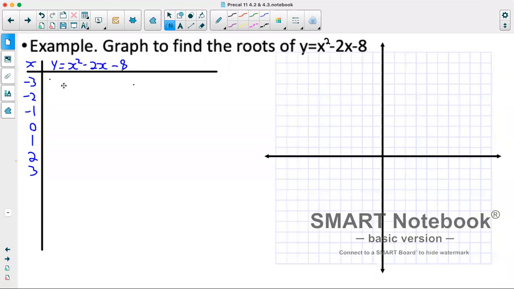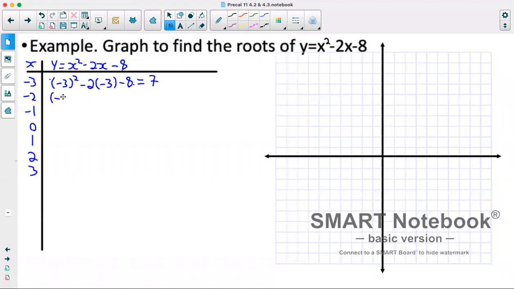And we'll start substituting in our values. So we would have -3 squared minus 2 times -3 minus 8. -3 squared is 9. -2 times -3 would be 6. So 9 plus 6 is 15. Minus 8 gives us 7.